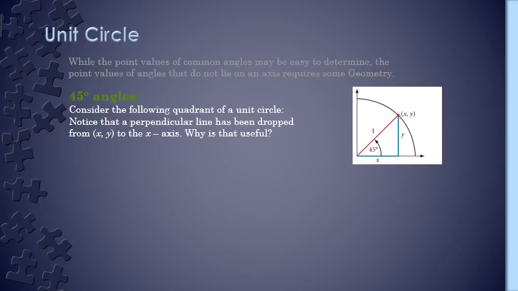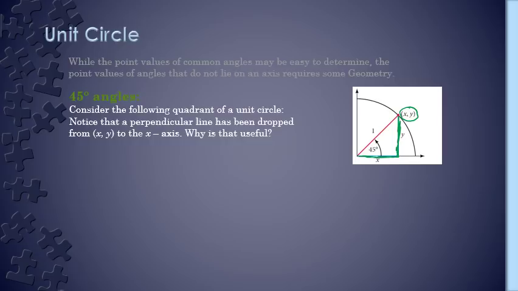So what we're going to try to do in this slide is determine what would that ordered pair be. In other words, what is the movement on the x-axis and the y-axis? And whatever that movement is, that's going to give us what that ordered pair is.